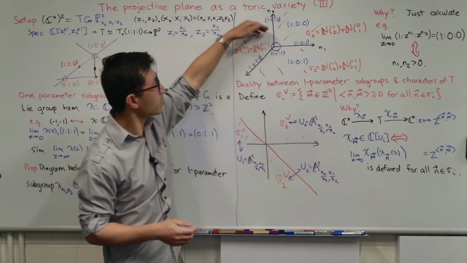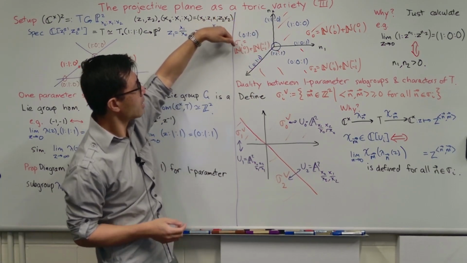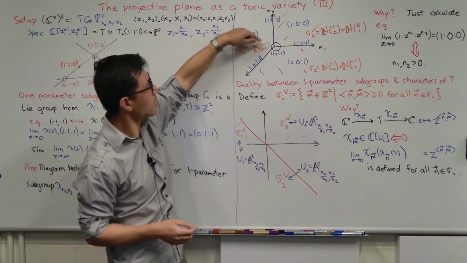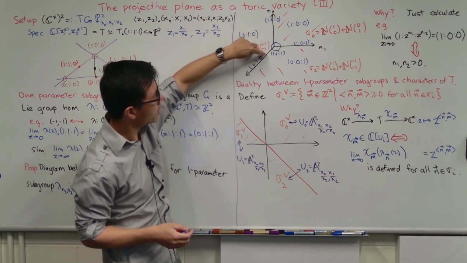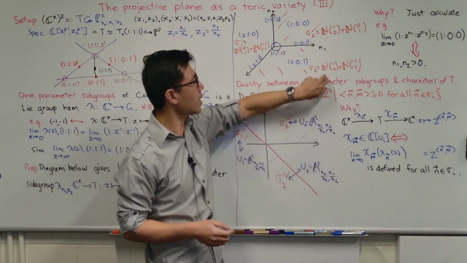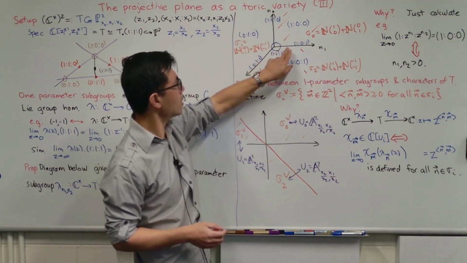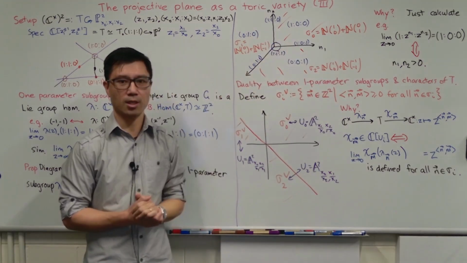Similarly, sigma 1 will be this region here: n times (0, 1) plus n times (-1, -1). And similarly sigma 2 is going to be n times (1, 0), that's out here, plus n times (-1, -1), so that's going to give us this region here.